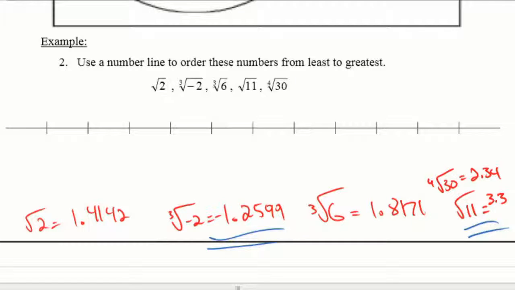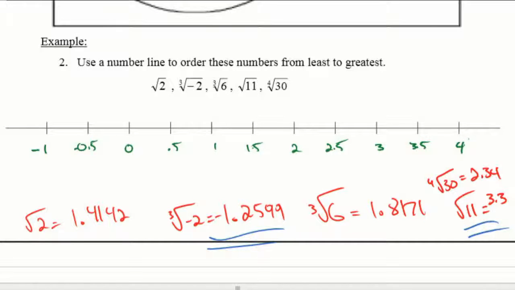So if I take my number line and I go with negative 1, maybe go by 0.5, negative 0.5, 0.5, 1, 1.5, 2. Everything fits there now.